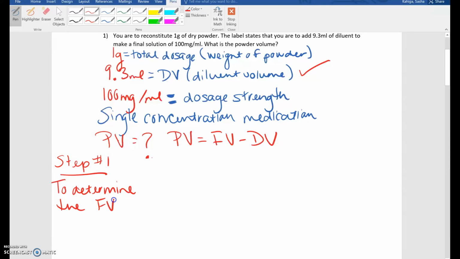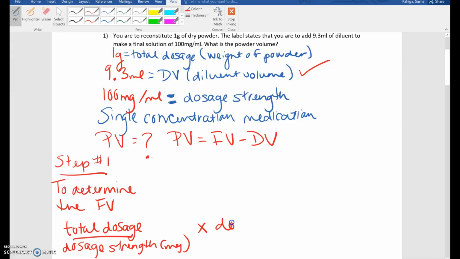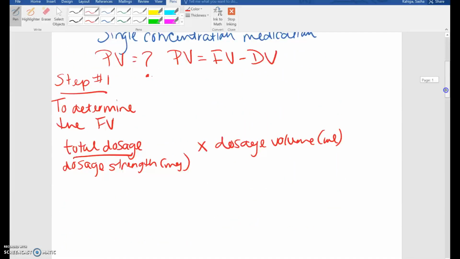the final volume. In order to do that, you are going to take your total dosage over the dosage strength in milligrams, and you're going to multiply that by the dosage volume, which should be in milliliters. So we're going to solve that.